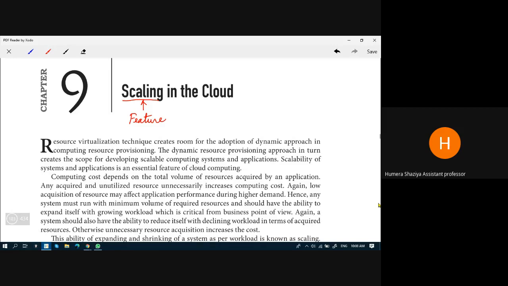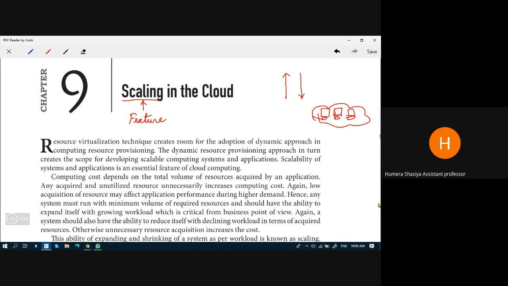What is the meaning of scale? Scaling means increasing or decreasing a system. Here you have cloud. In the cloud, you have resources.